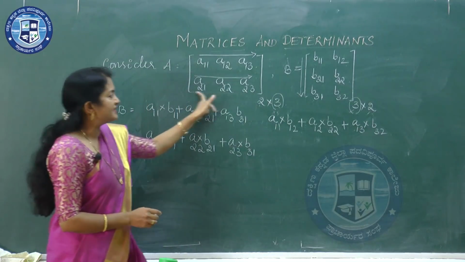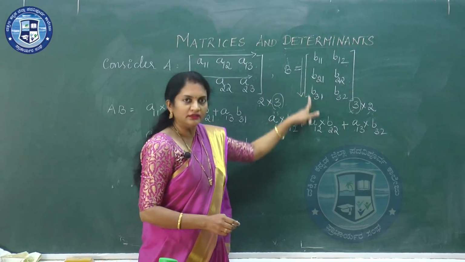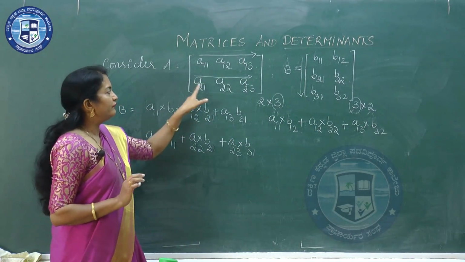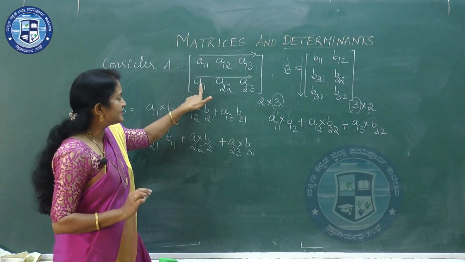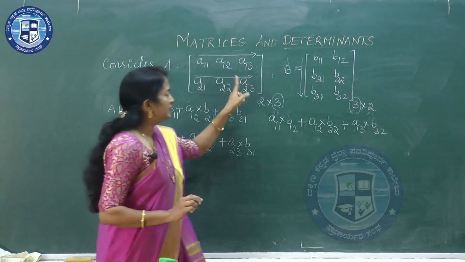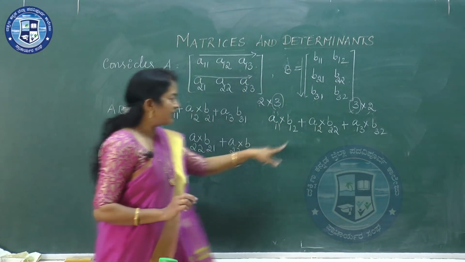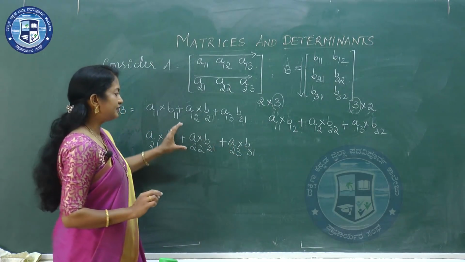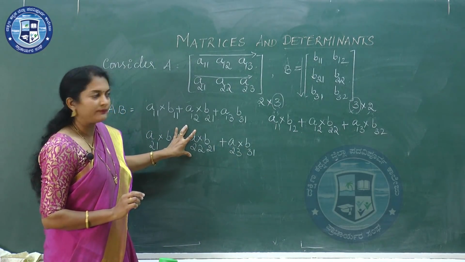So with this first row we multiplied the first column. Students, observe, we are multiplying first element, second element, third element, and we are taking the sum of these three products to get the one single element.